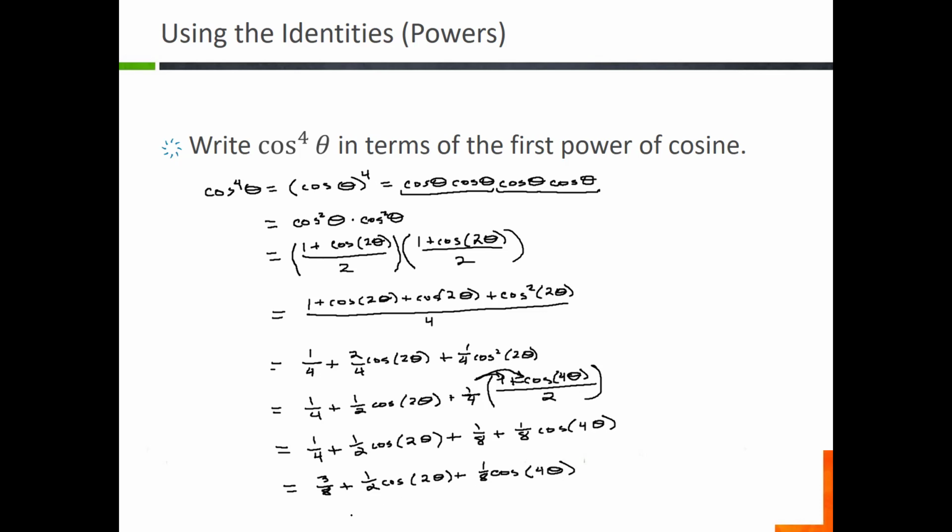And again, that's not the easiest thing to come up with, but that's the answer that we get. Okay, so we've been able to take cosine to the 4th and rewrite it so we no longer have any squared terms in there.